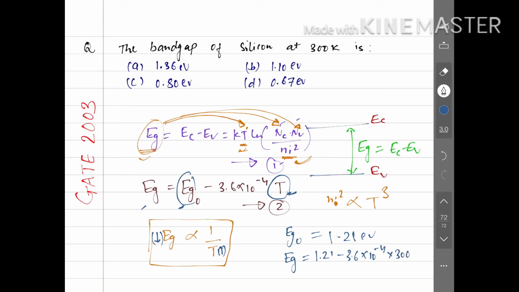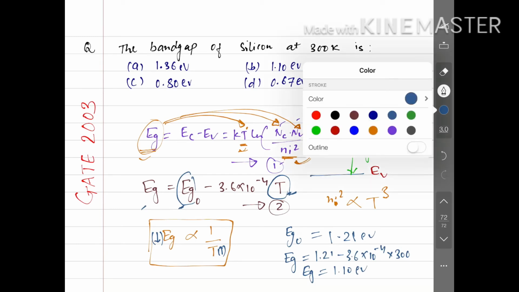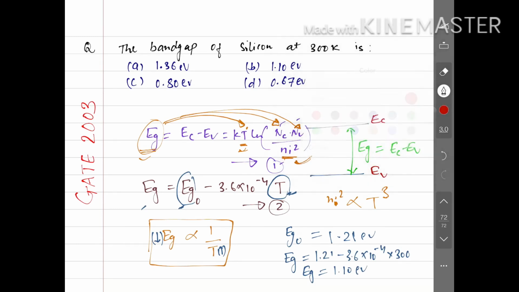I use equation number 2 to get the band gap at 300. After calculating the whole thing, you will get 1.10 electron volt. So at 300 Kelvin your band gap is 1.10.